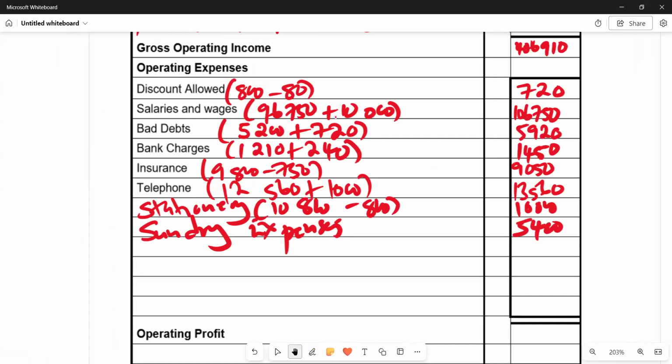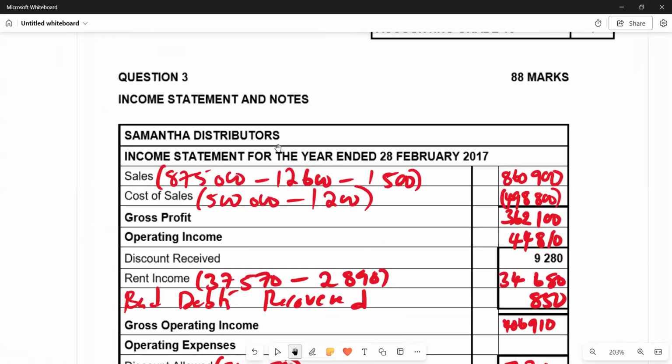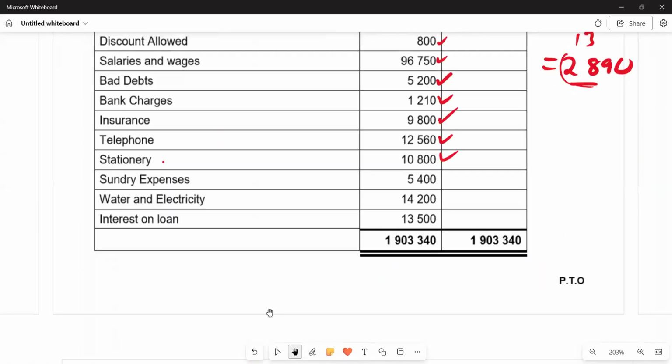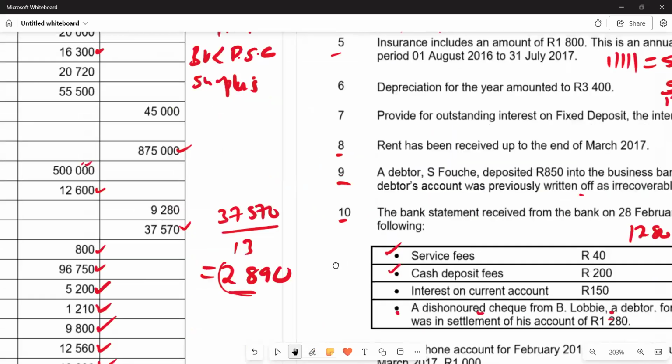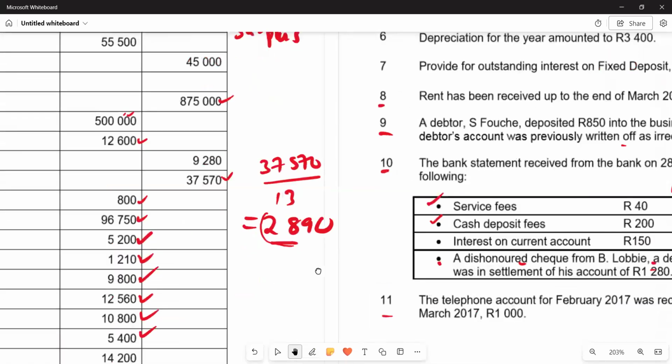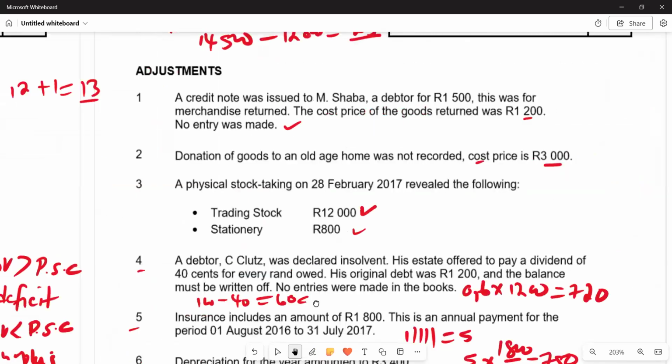5,400. Then obviously we also look for any other expense that we have in the trial balance. Right, sundry expenses, we've listed it. We go to the next one, which is water and electricity. Water and electricity, we check again additional information. Do we have anything that affects water and electricity?